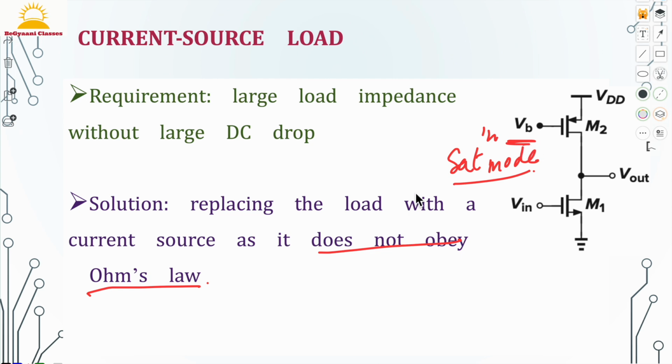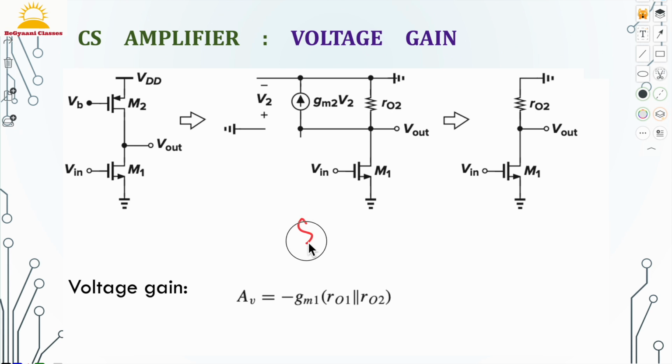Now moving ahead, this is the small signal model of the current source load common source amplifier, and simplifying it more, we get this small signal model. Here we have considered the channel length modulation resistance, and then RO2 becomes parallel to RO1.